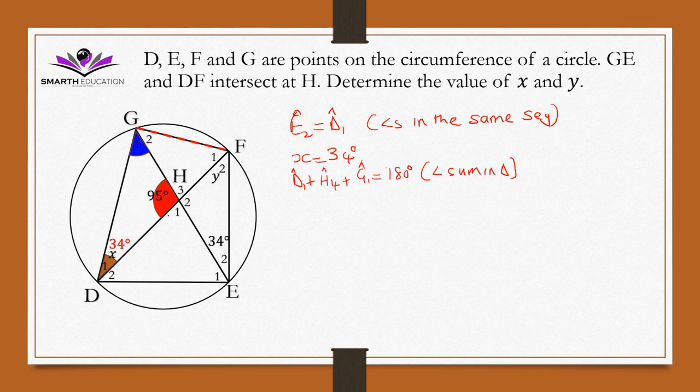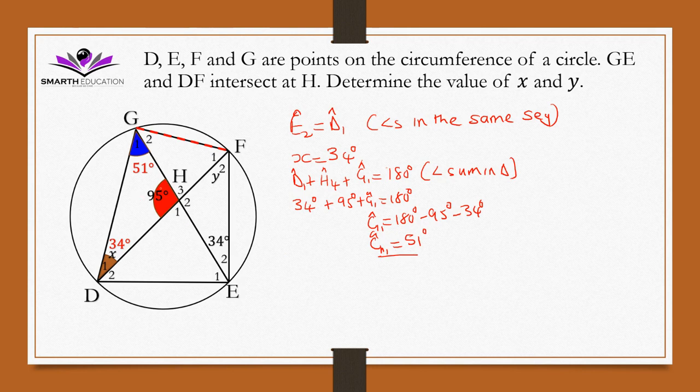And then now we can find angle G1 here, which is 51 degrees. How did I get that? Because D1 is 34 degrees plus 95 degrees plus G1 is equal to 180 degrees. And then angle G1 is equal to 180 degrees minus 95 degrees minus 34 degrees. So meaning that angle G1 is equal to 51 degrees. So that's how we got 51 degrees there.